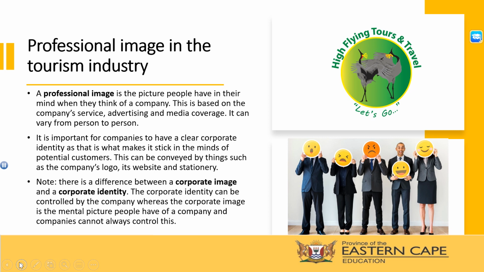You need to understand that there is a difference between corporate image and corporate identity. The corporate identity of a company is something that can be controlled by the company.